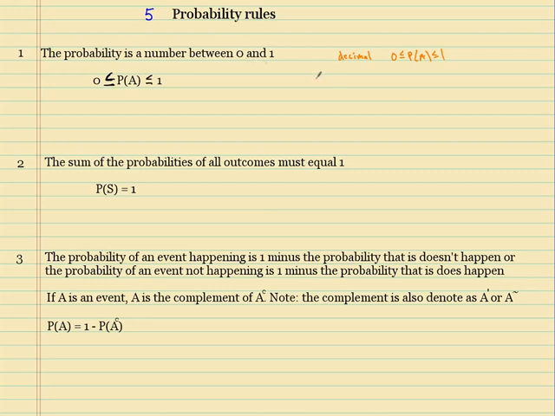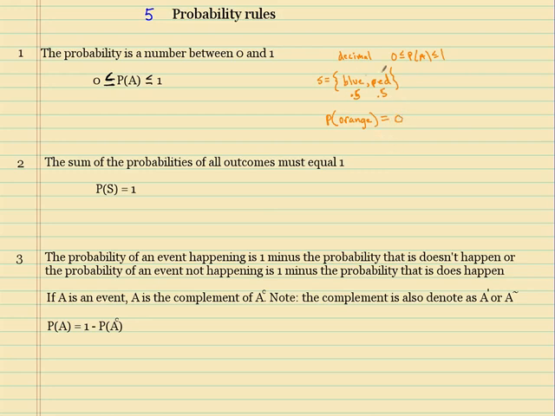A 0 would be something like this. Let's say the event is blue or red, and this could happen 50% of the time, and this could happen 50% of the time. And then I say, what's the probability that it's orange? And you would say 0.